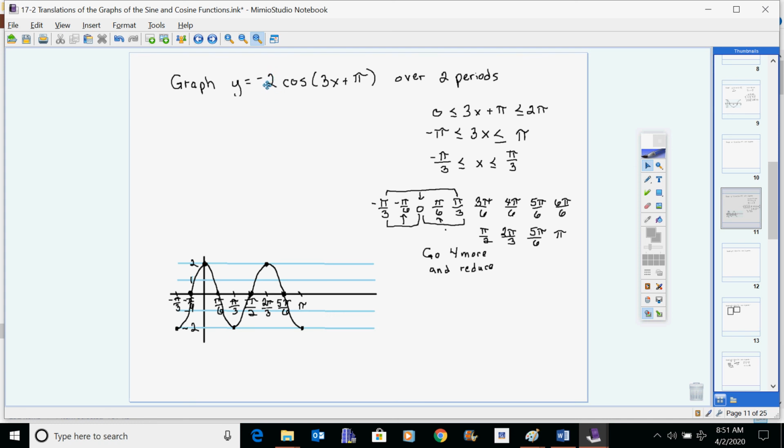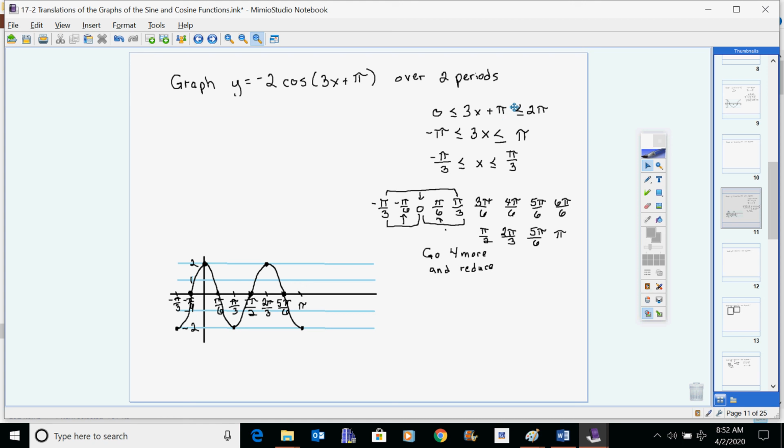This number right here tells you your amplitude, how far up and how far down for a complete good cycle. The part that is right here, anything that comes after your sine or your cosine, this part determines where that one period is going to land. It tells you the shifts.